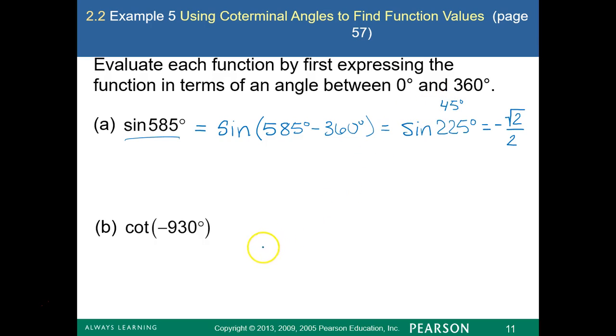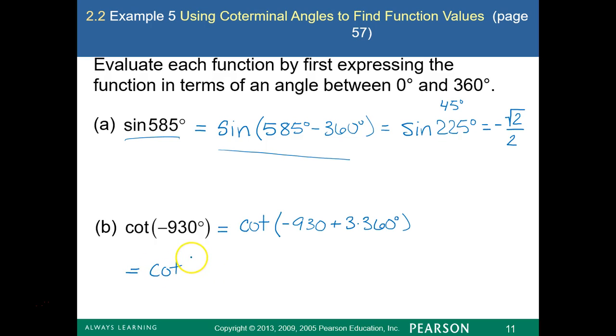All right, let's look at this part B here. Again, do this step right here, find the coterminal angle to negative 930 degrees. Let's see, cotangent, negative 930. We're going to have to add 360 several times. Let's say 3 times. And that will get us to cotangent of 150.